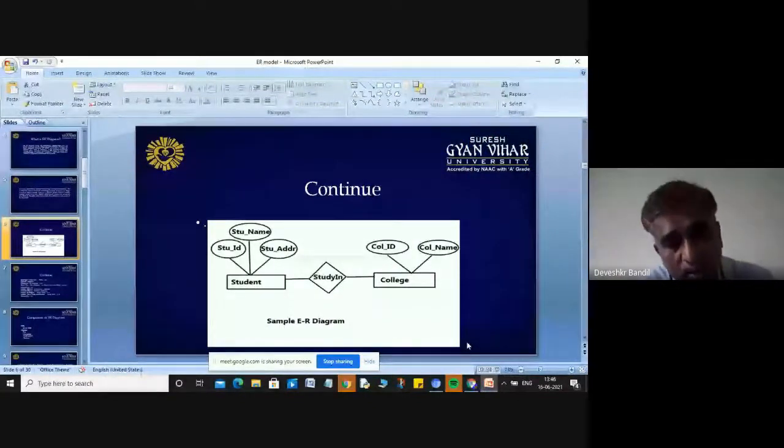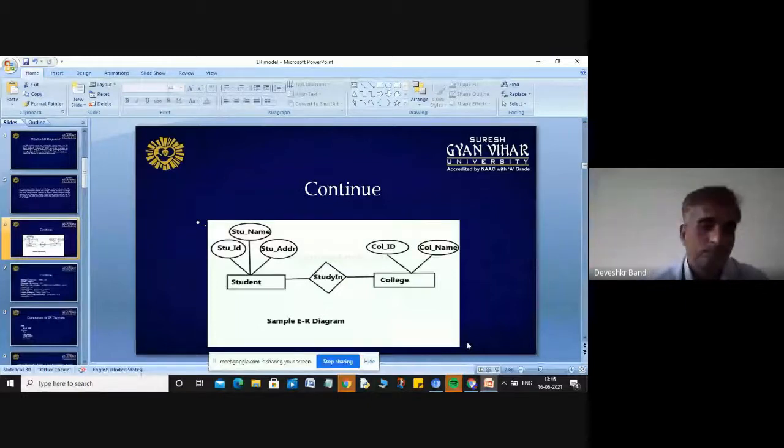I am presenting a simple ER diagram, a diagram of entity relationship diagram. In this diagram, you can see there are two entities. First is your student and second is your college.